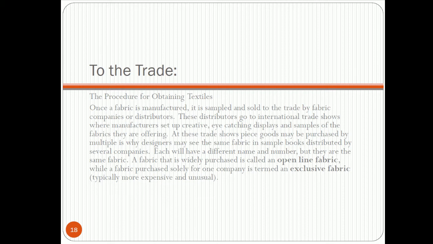Those are open. A lot of people carry the same fabric and just put a different name on it. An exclusive fabric is only to be sold to one fabric company or distributor. So that makes them more expensive, usually more unusual, and maybe the difference between a $25 a yard fabric and a $200 a yard fabric.